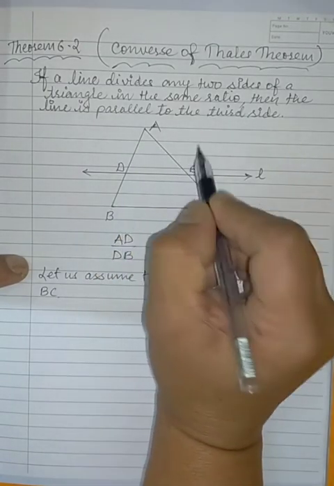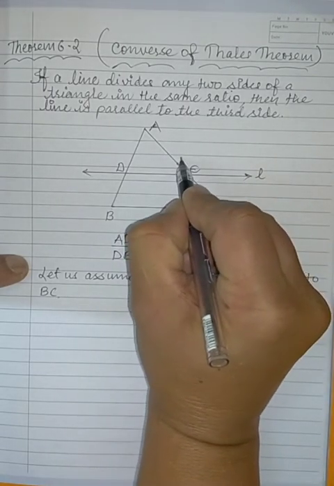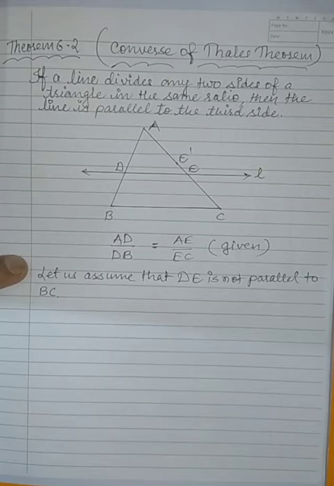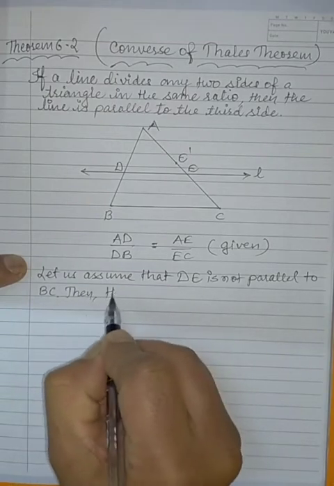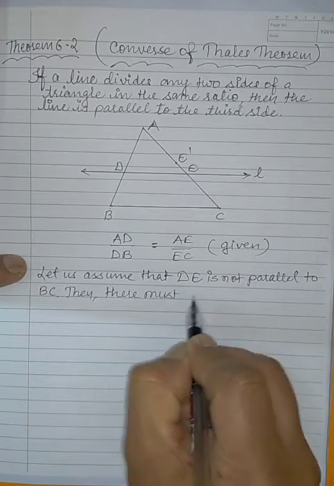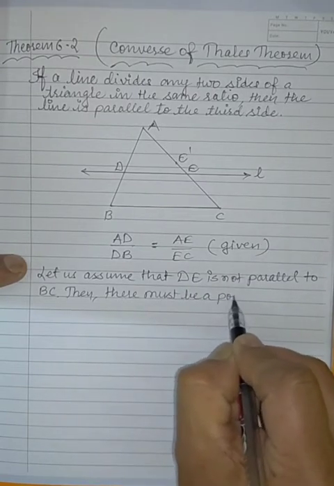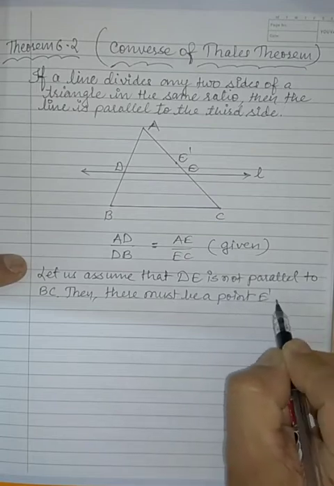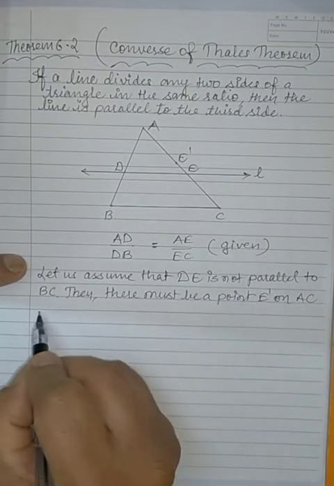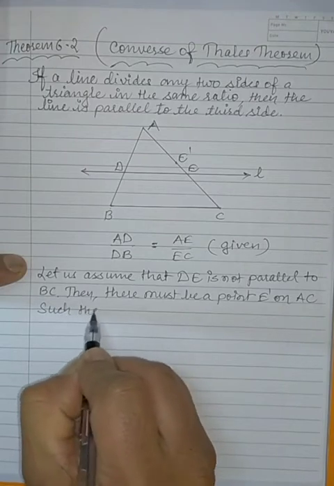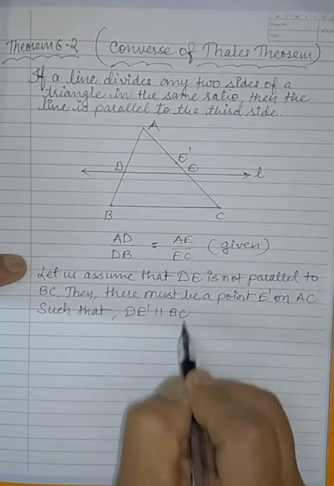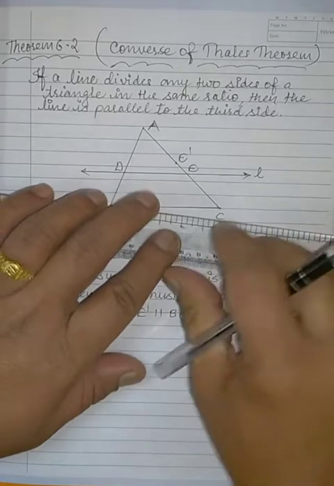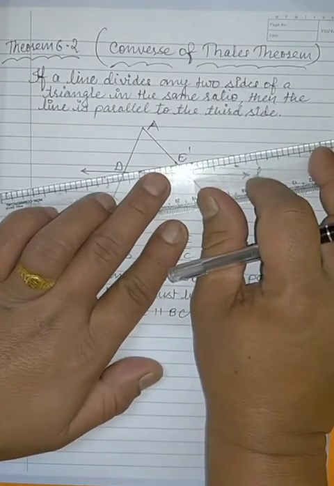I am taking this point here on AC, assuming that if DE is not parallel to BC, then there must be a point E dash on AC such that DE dash is parallel to BC. So let us join this point D and E dash.